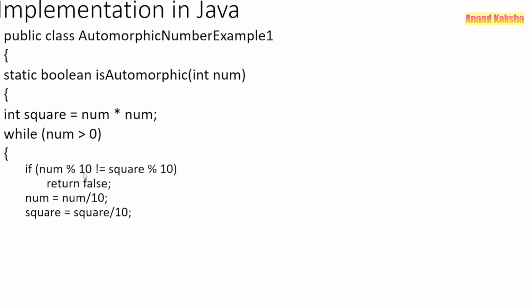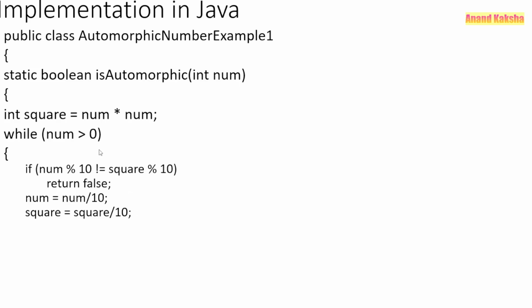If we divide a number by 10, we get a remainder, which is the last digit of the number.